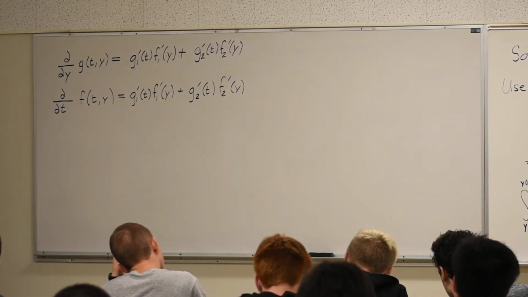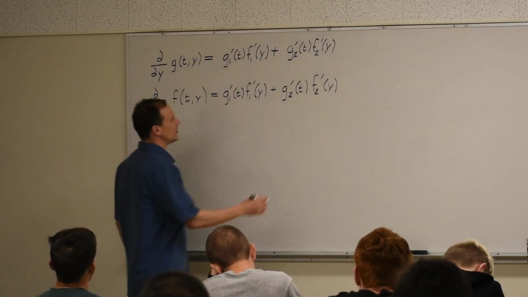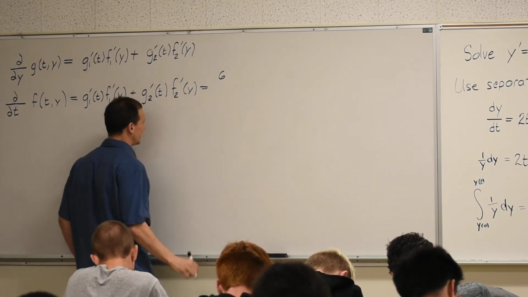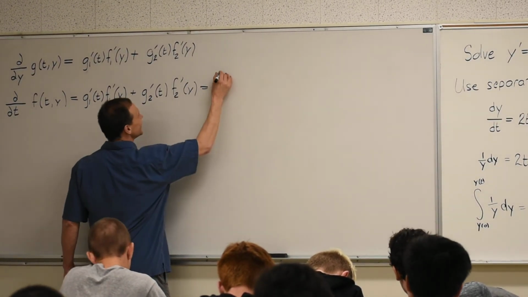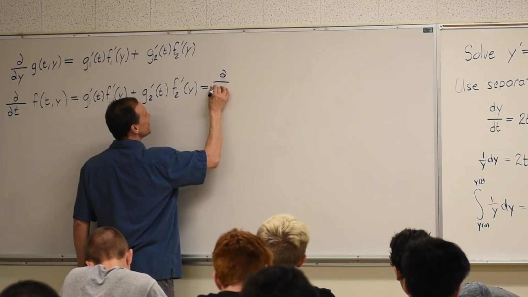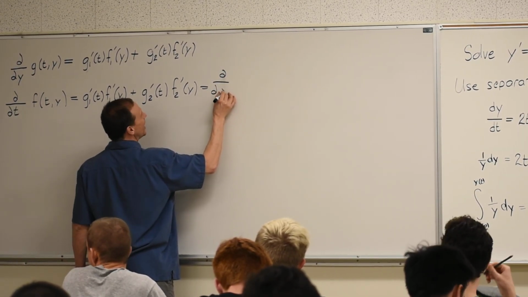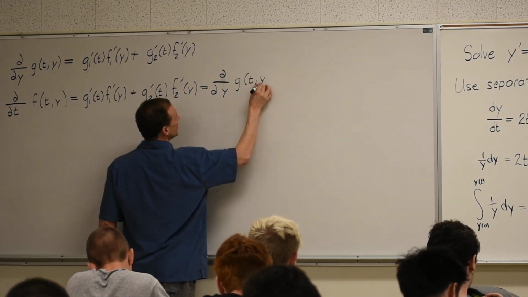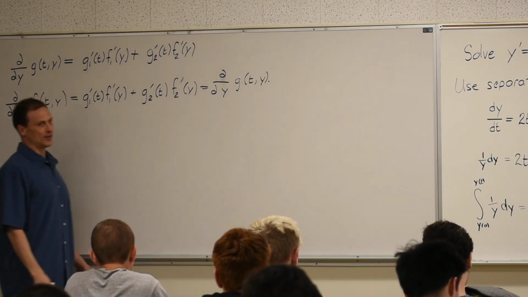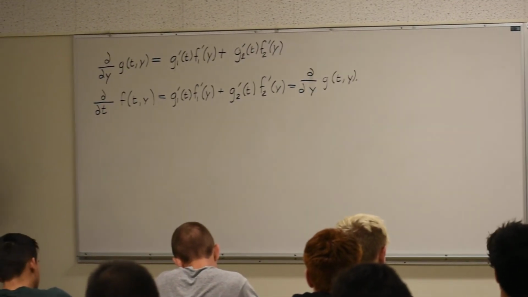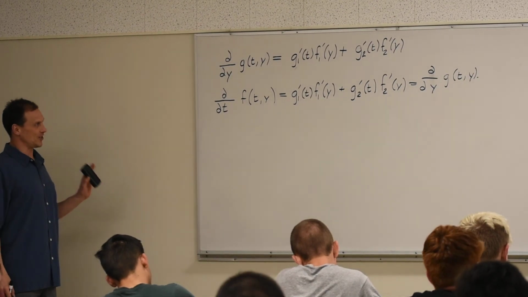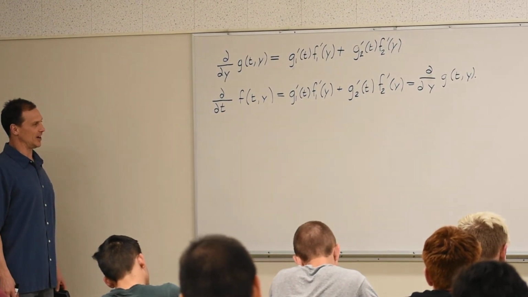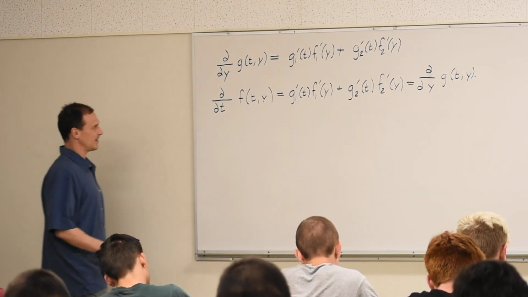Do you know what I did? They're the same. This is equal to the partial derivative with respect to y of g of t. That's where exact equations come from. So let me give you the definition of how this works, and then we're going to take a look at how it all comes together and help you to see what's going on.